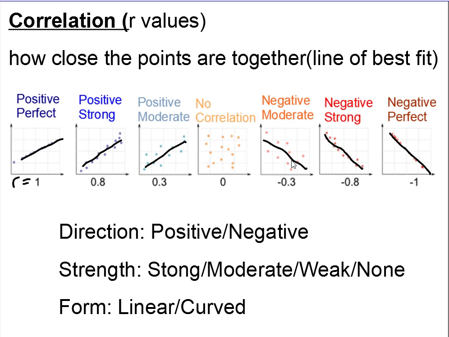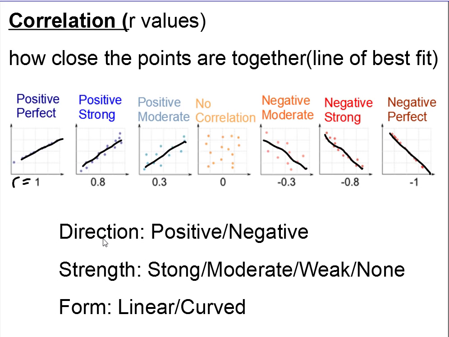If the points tend to go down, we call that a negative. So, if the points are really close to the line, R is 1 or something close to 1. If the points are far away from the line, it would be much smaller, like 0.3, 0.2, or 0.1. This is the same for negatives, except that if the points tend to go down to the right, we use those same R values but with a negative sign.